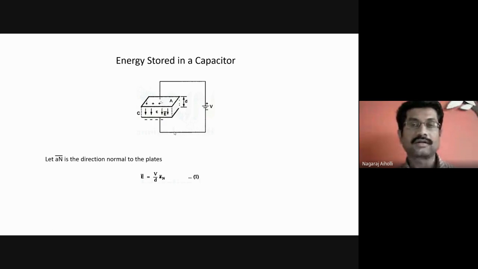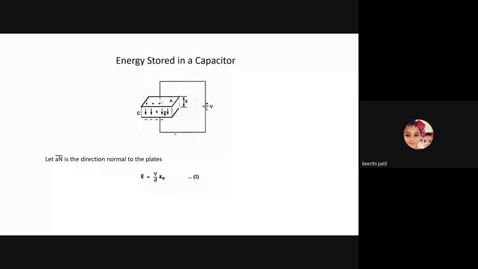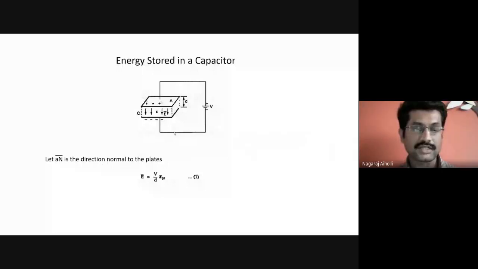Yes, sir. Of course, it stores the energy. Okay, fine. So capacitor is a storage element. It stores the energy, right?